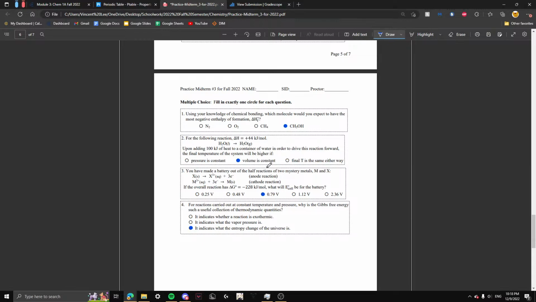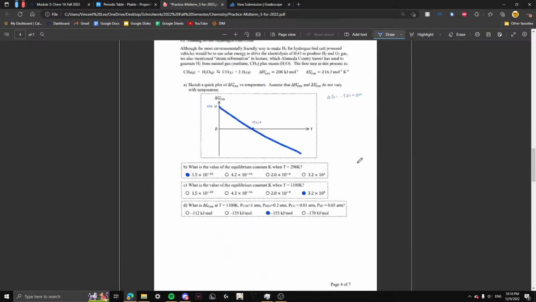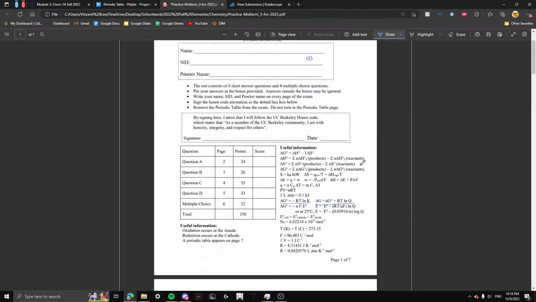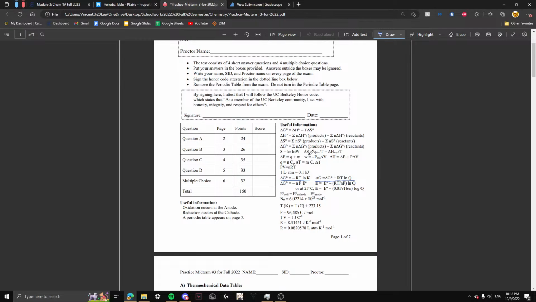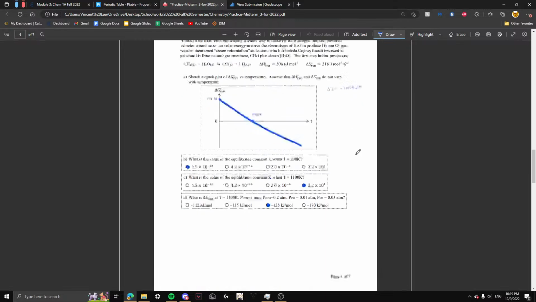And I think this has to do with... where is it? This one here, where it's entirely dependent on a change in volume, because we only care about external pressure and the change in volume, right?